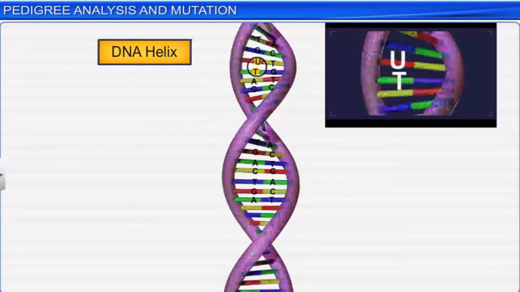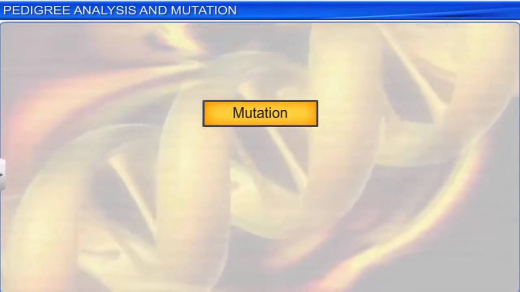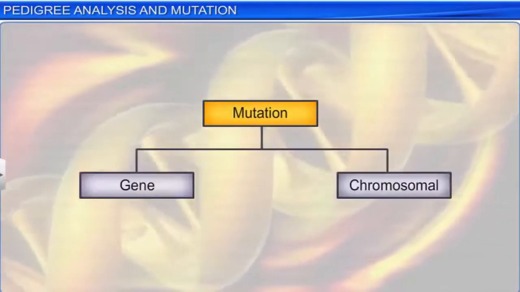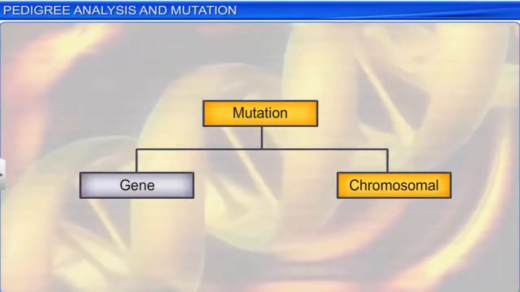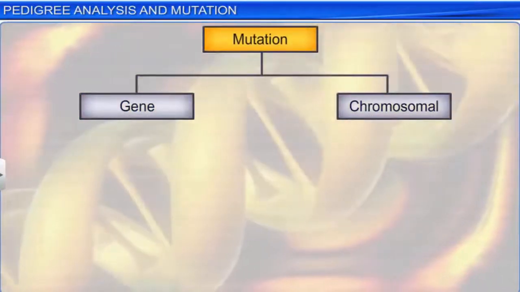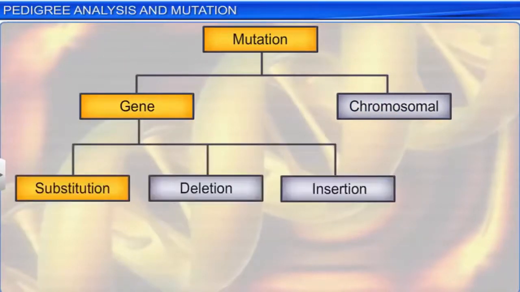Mutation in genetic material leads to changes in the genotype and phenotype of an organism. Mutations in the genetic material can be of two types: gene mutation and chromosomal mutation. Further, gene mutations can be of different types, such as substitution, deletion, and insertion.